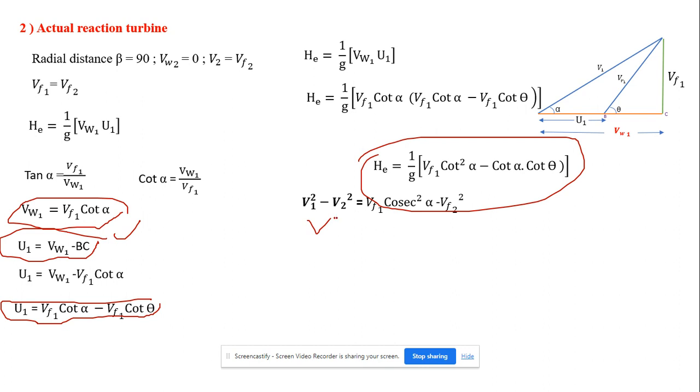So V1 square minus V2 square is equal to VF1 square cosecant square alpha, whereas V1 is the value, and V2 is equal to VF2, already given here.